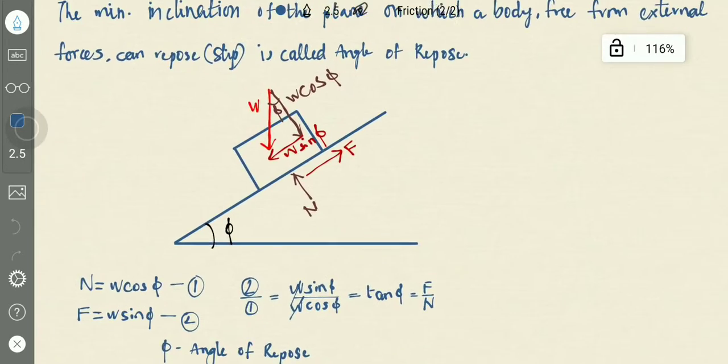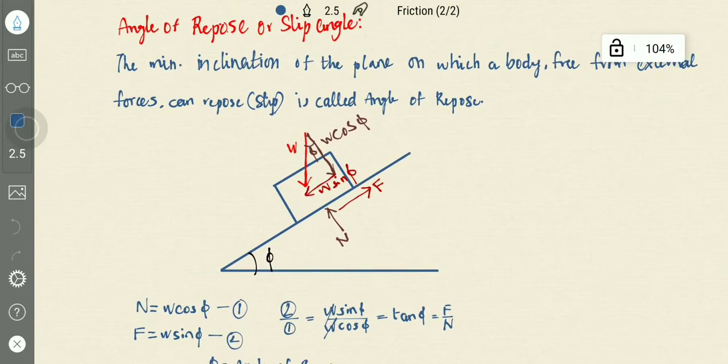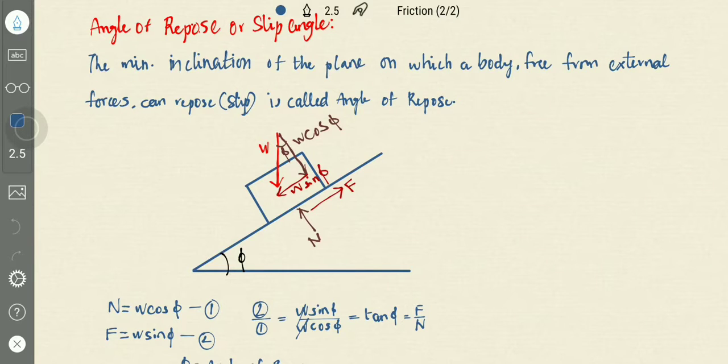So let us see inclined planes. In inclined planes, a term generally used is angle of repose or slip angle.